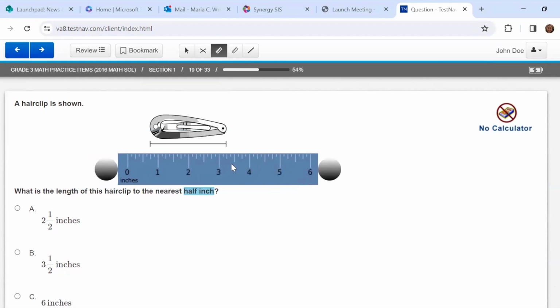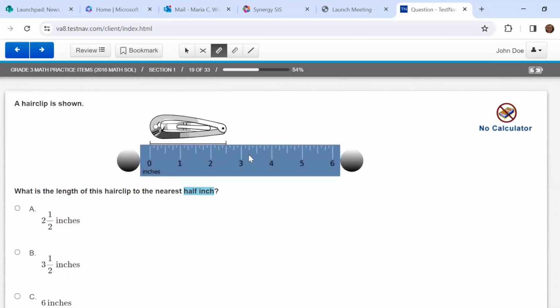Let's see what it looks like. I'm going to line it up with the 0. All right, 1 whole, 2 wholes, 2.5. 2.5 is my best answer. However, let's pretend that it was closer to 3 wholes, that could still be the answer. It doesn't have to have a ½ inch.